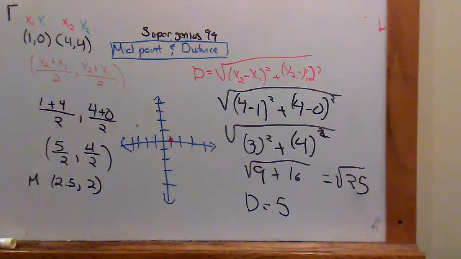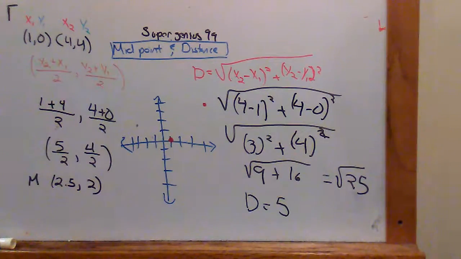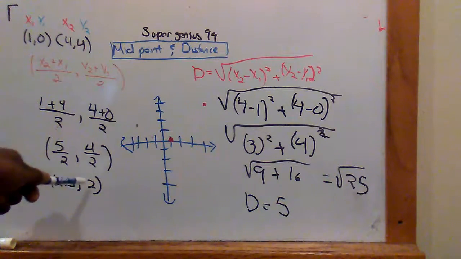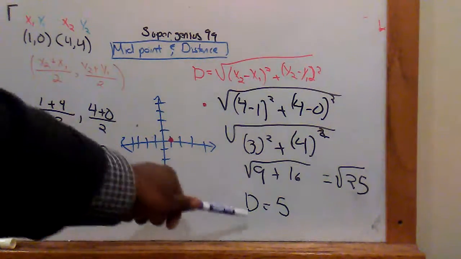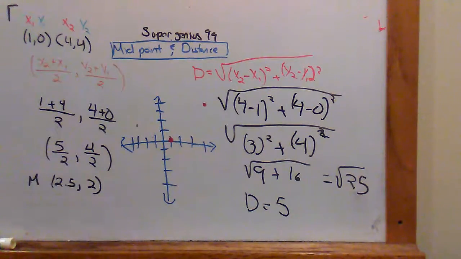And (4, 4), where's (4, 4)? If we were to have those two points, the midpoint is (2.5, 2), and the distance between those two points would be 5 units. Okay, let's look at another one.